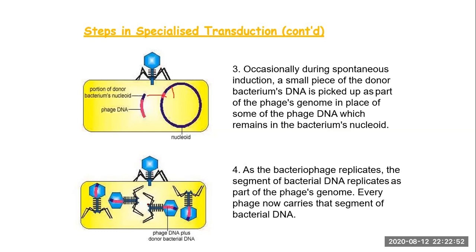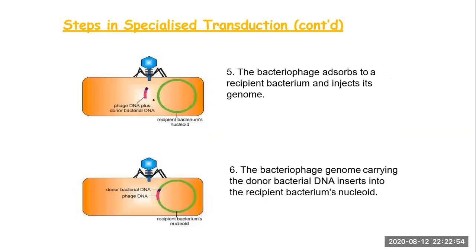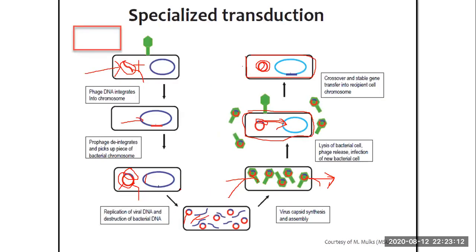Then it again lyses, and after that it again injects this DNA into another recipient bacterium's nucleoid, and then it attaches to the bacterial cell and produces a new kind of bacterial genome. Okay, so those are our two kinds of transduction process, and we also read the conjugation process.